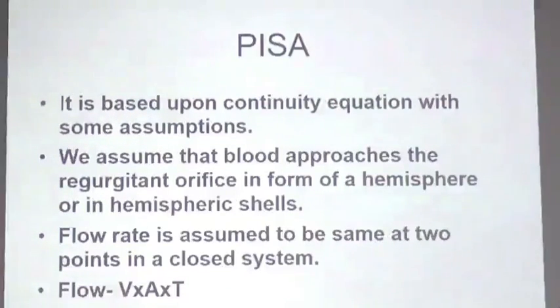So what they say is that this regurgitant orifice, or ERO, effective regurgitant orifice, is one point, and this shell at one point here is other point. We assume that flow here will be same as flow here, or for that matter flow rate here will be same as flow rate here.